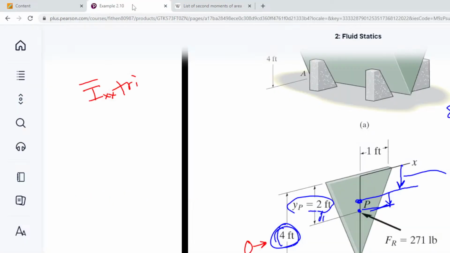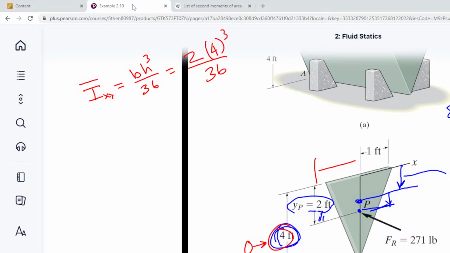So I go back to my example. I believe I can erase this. And b h to the third over 36. So the base in this case is 2, h is 4, over 36.